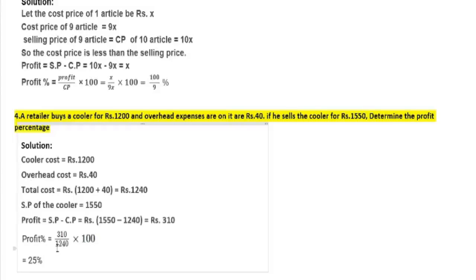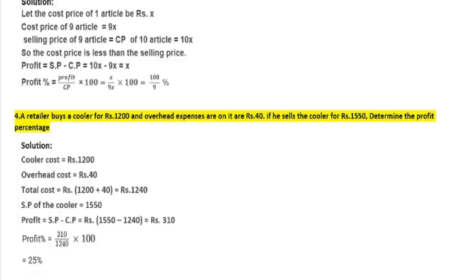Here CP is 1240. In any question, if overhead charges are there, they will be added to the cost price of the item. Then in finding profit or loss percentage, that total amount will be the CP. So here you will get the answer 25%.